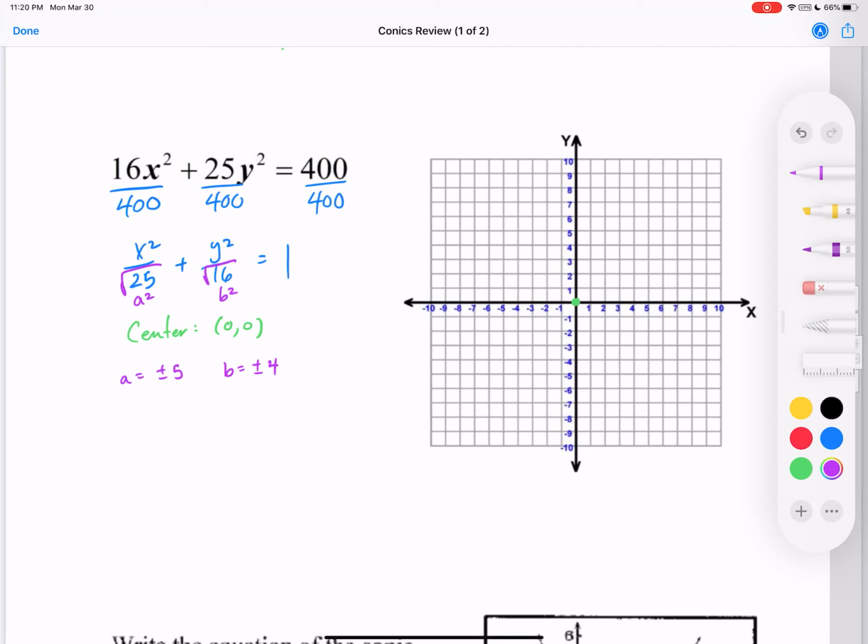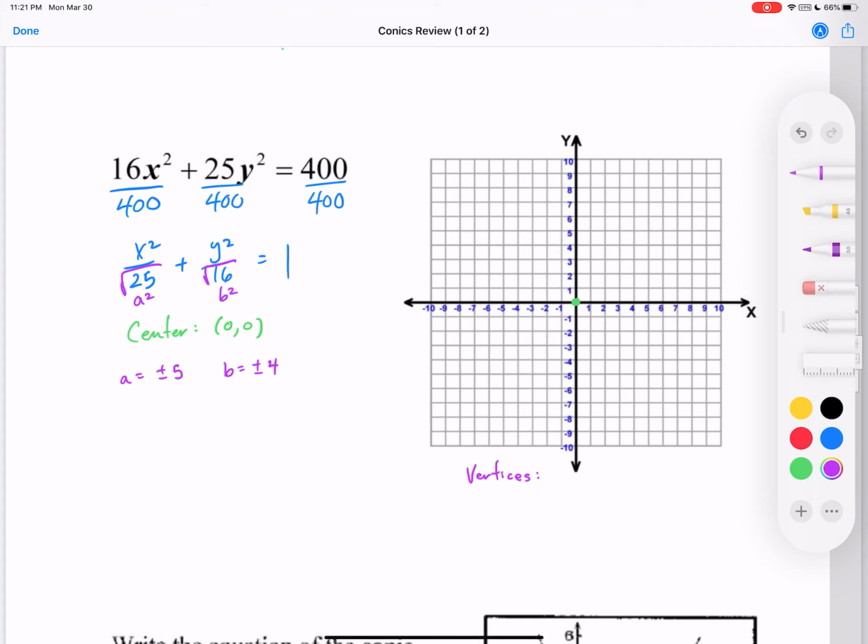Okay, so that means our a value is going to give our vertices. I spelled that wrong, there's no i in there. Vertices. So for my vertices, we have that plus or minus 5. I need to ask myself, is this a horizontal or a vertical ellipse?